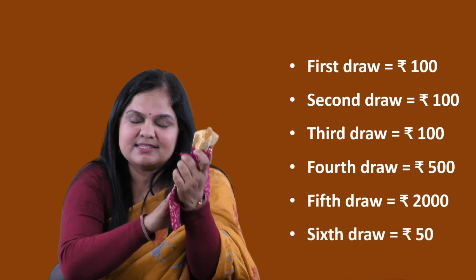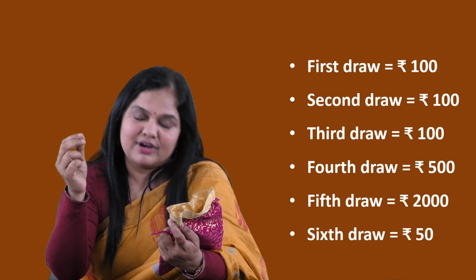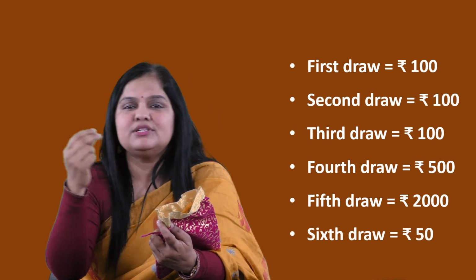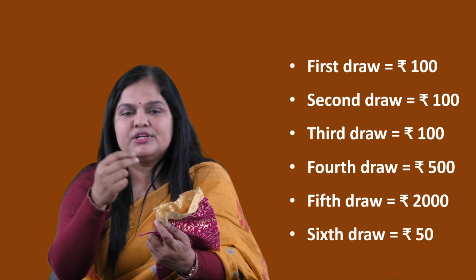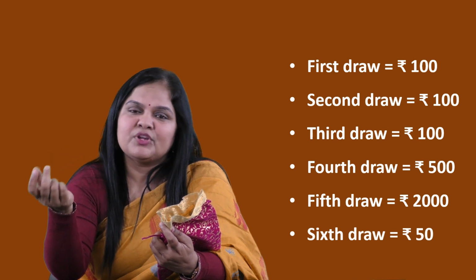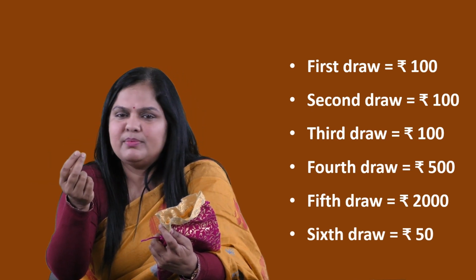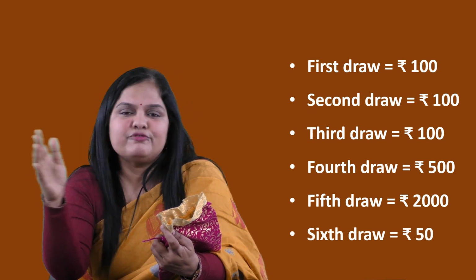So say for instance, you are drawing one note and it gives you a denomination of 100. You are drawing another note and it is giving you a denomination of 100. The third note, when you drew, it again gave you the denomination of 100. Fourth, when you are drawing, maybe it is 500, or sixth it is 2000, seventh it is 50, so on and so forth.